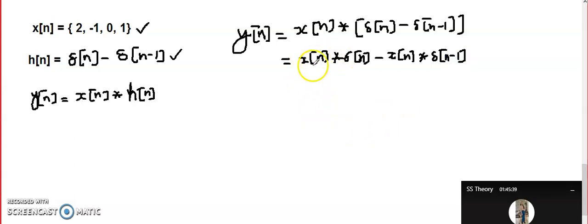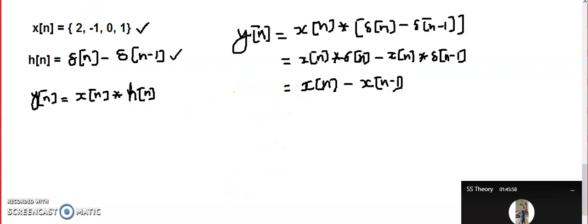So अभी हमने किया है, it is identity, delta n is identity through the convolution, so it will be nothing but xn and it will be x of n minus 1. So this will be your yn, x of n minus 1.